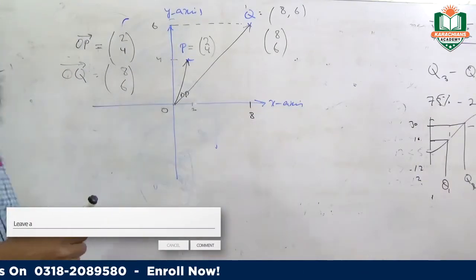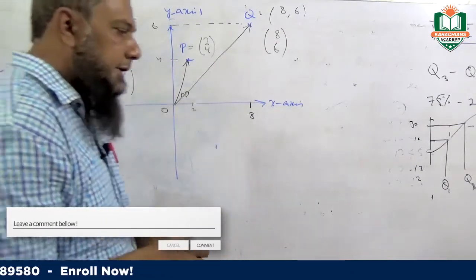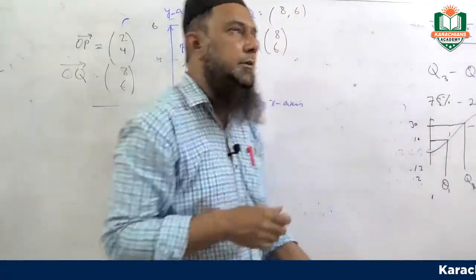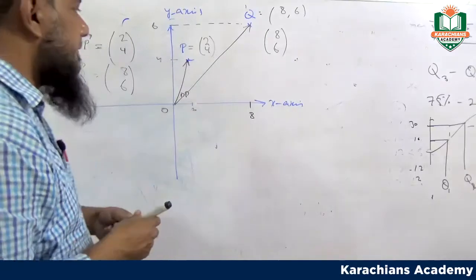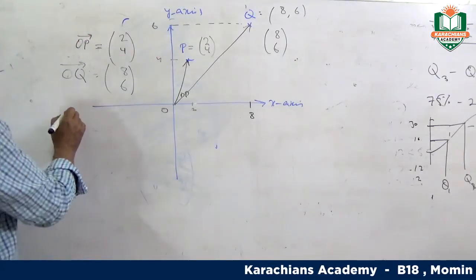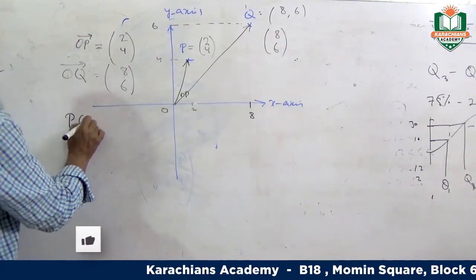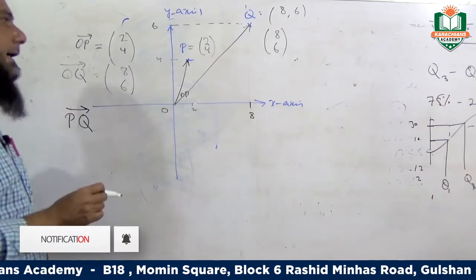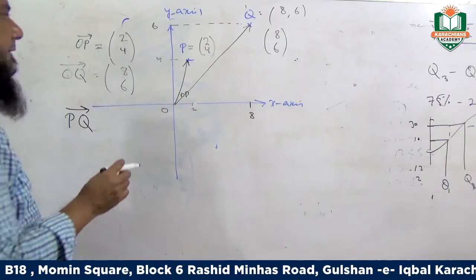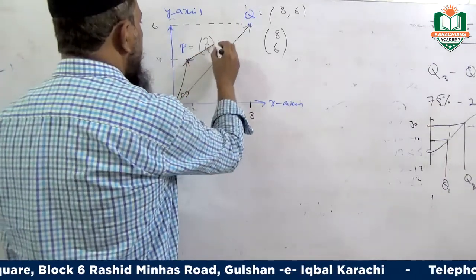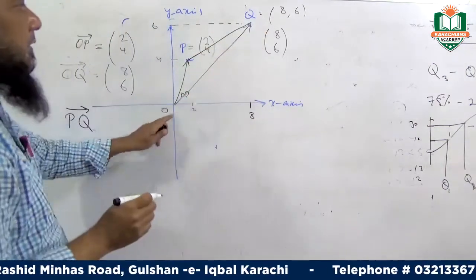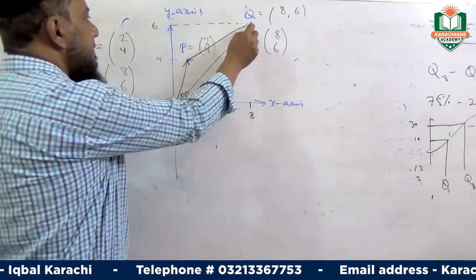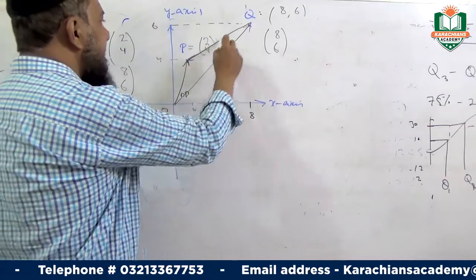After that, if a question asks to find the resultant of PQ in terms of a column vector, we need to find the vector PQ, but for this we have to apply a rule for position vectors. Now we have a triangle O, P and Q, and we have to move from P to Q, but we cannot consider this line segment directly.